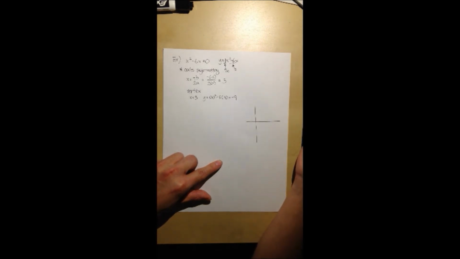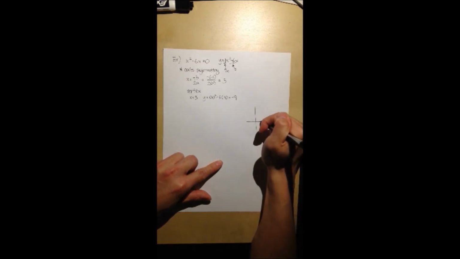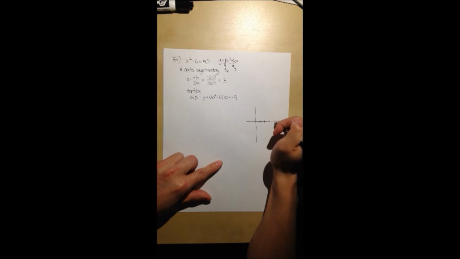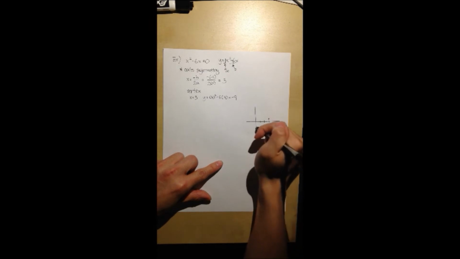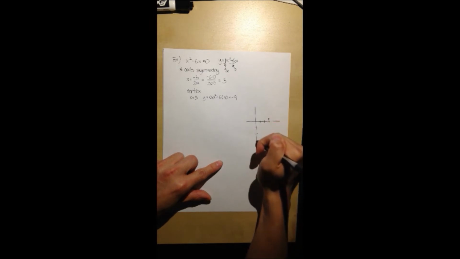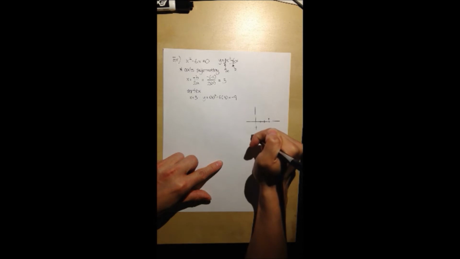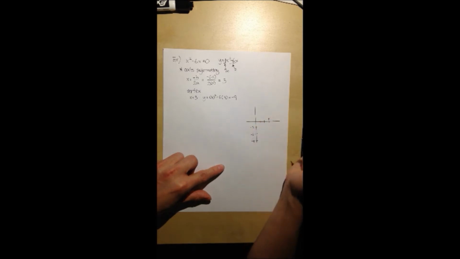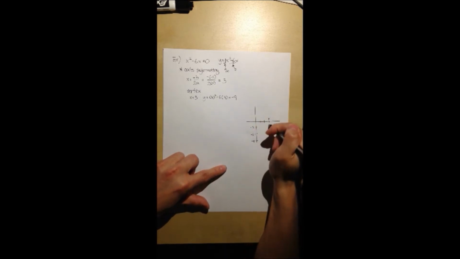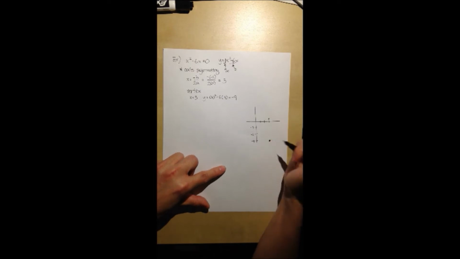Now, remember, on your graph, you are going to label your graphs. Here's 3. We're going to go down to 9, so we can label it however we want to. This is negative 9, negative 6, negative 3. We can go by 3s. It's still proportional, so it should be fine. There's my first point.